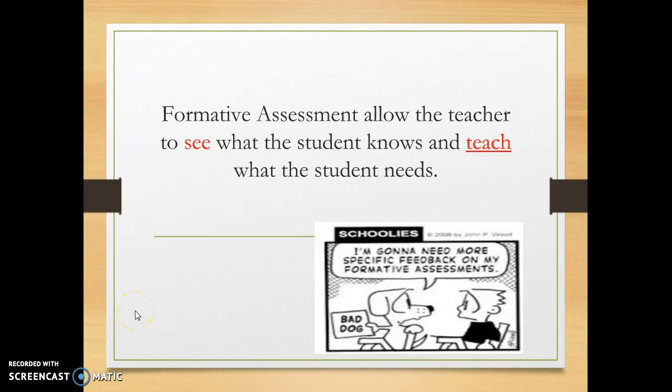Again, these comics do kind of ring true, and in looking at this one, we have the little dog on the bottom, and he says, I'm going to need more specific feedback on my formative assessment. The teacher has given him an assessment of bad dog. So, formative assessments allow the teacher to see what the student knows and teach what the student needs.